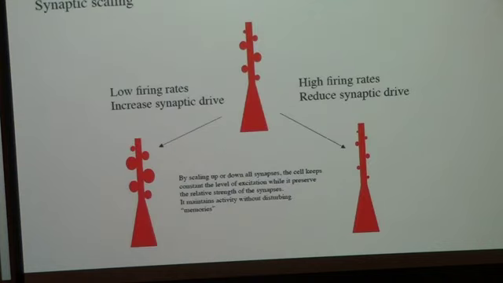The other one is synaptic scaling, which means that different firing rates will increase or decrease the synaptic drive to your synapses, so you will either increase or decrease the synaptic response. So these two are the metaplasticities that can explain why the Saucher experiment works during the reverse Saucher. Yeah, I think that's it.